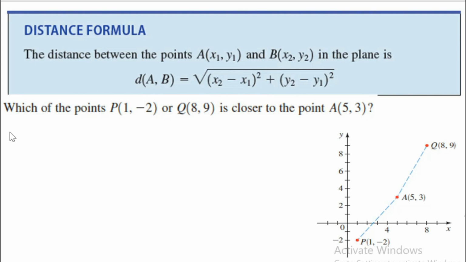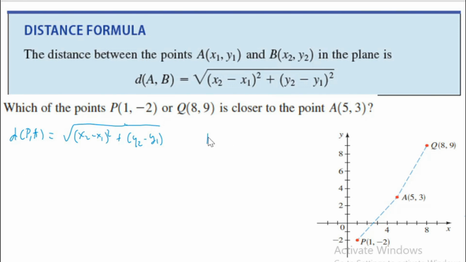So we have the distance PA is equal to the square root of x sub 2 minus x sub 1, the square of this, plus the square of y sub 2 minus y sub 1. So we are going to label this one. Your point P, whose coordinate is (1, negative 2).